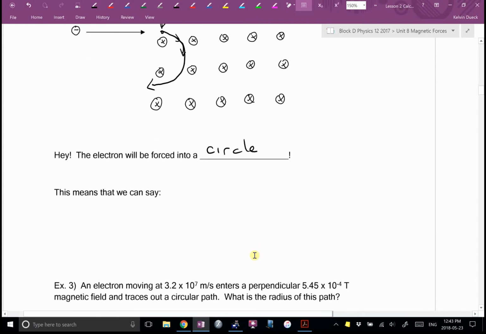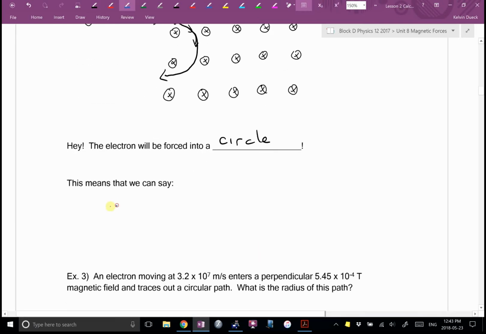In fact, we can say this. Magnetic force is what's pulling me in a circle. That one is not on your formula sheet. Oh, what was our new equation for magnetic force?